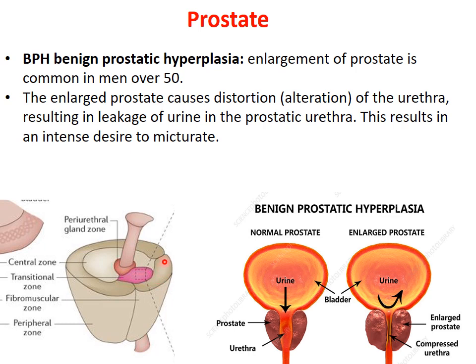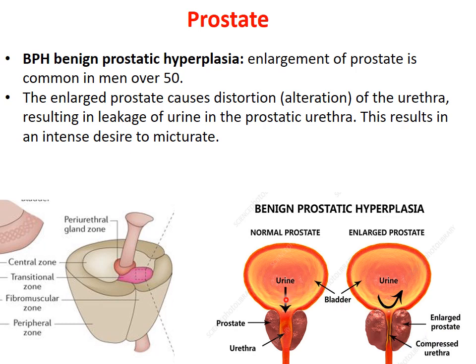So hyperplasia in the fibromuscular zone, or the posterior zone, and the central and this transitional zone, they are for the hypertrophy. Now there is a picture showing what happens when there is a tumor and the prostate gland enlarges.